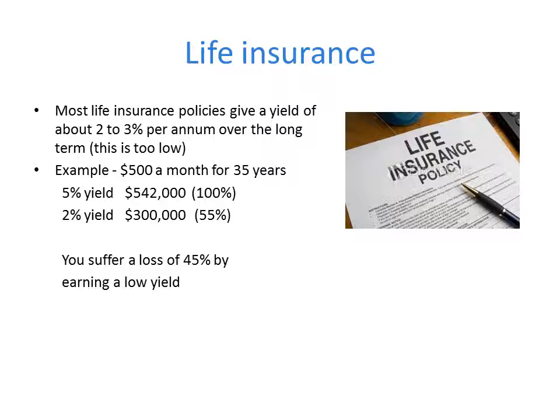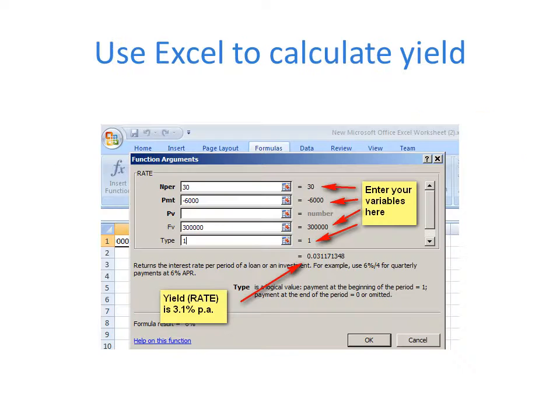If you get a yield of 5%, you should be getting $542,000. But if the yield is only 2%, you are getting $300,000. So $300,000 is too low. $542,000 is quite attractive. Now, just by getting a lower yield, you could be losing up to 45% of the amount that you should be getting.